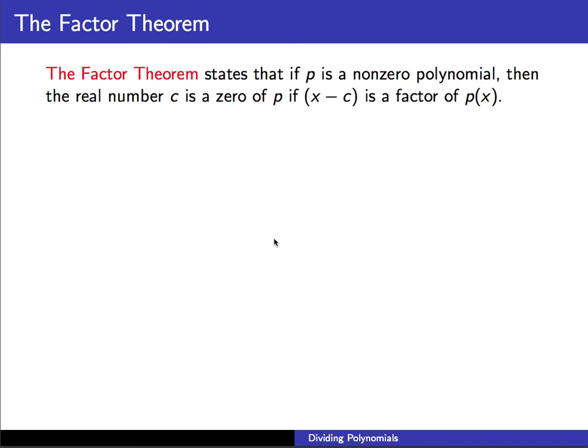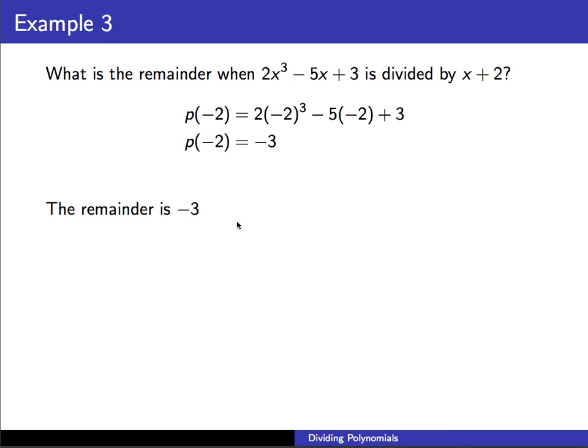Related to the remainder theorem is the factor theorem, and it says that if we have a non-zero polynomial, then a real number c is a 0 of the polynomial if x minus c is a factor of the function. So what this is essentially saying is you apply your remainder theorem. We have x plus 2, so we plug a negative 2 in for x.